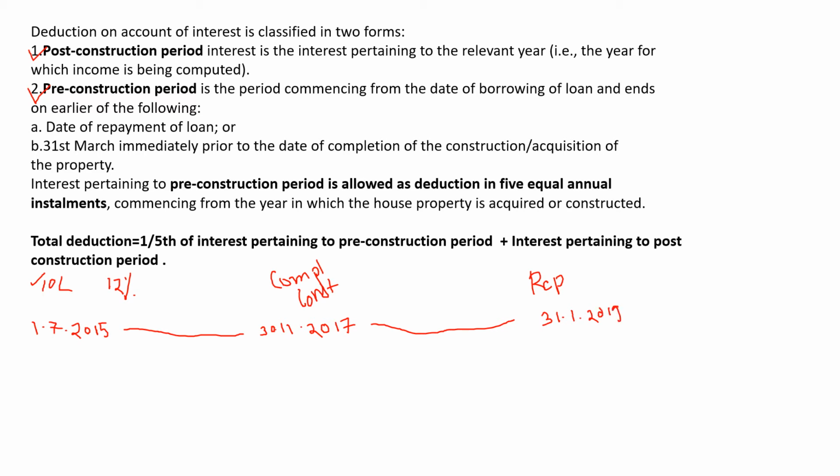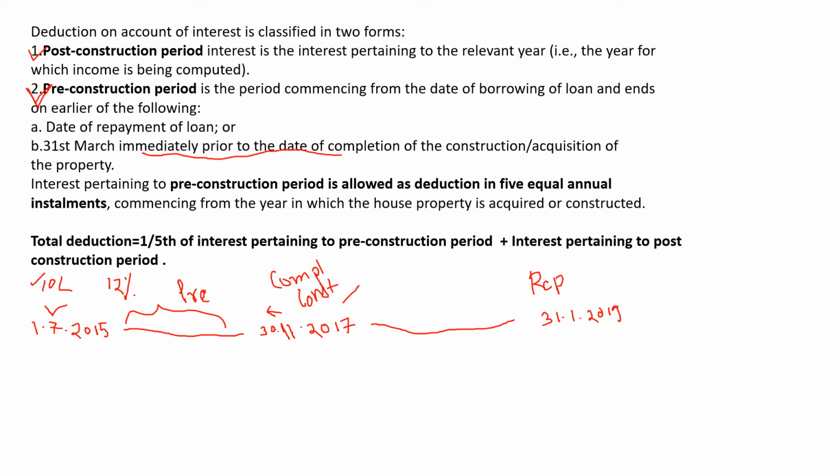So for finding out the pre-construction period interest, we will see on which date we have taken the loan. We have taken the loan on 1st of July 2015. Till the end of construction, this period will be the pre-construction period. But here one condition is there. Even though it has been completed on 30th of November 2017, we will be taking the preceding 31st March, the 31st March immediately prior to the date of completion.